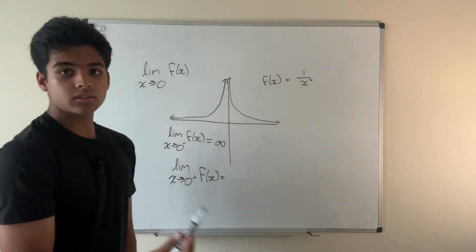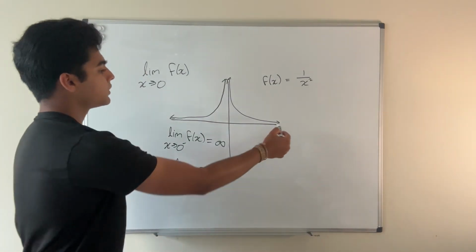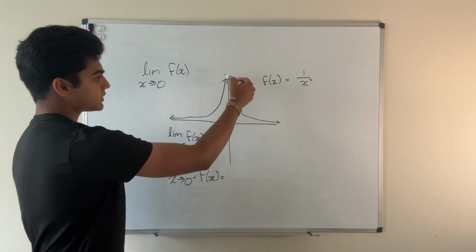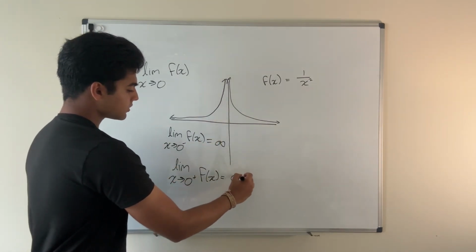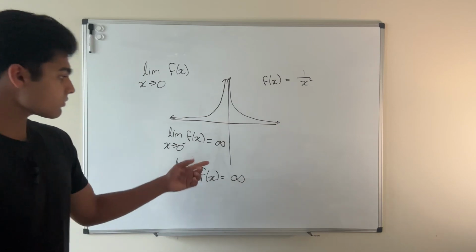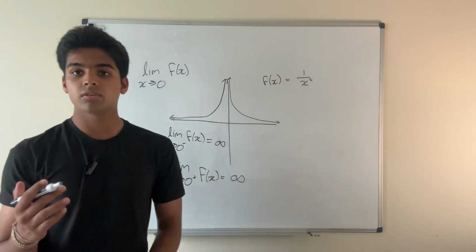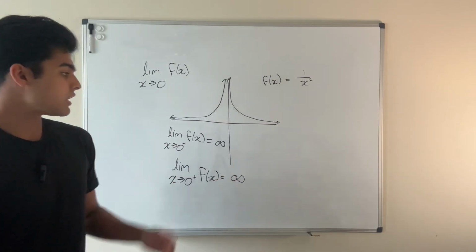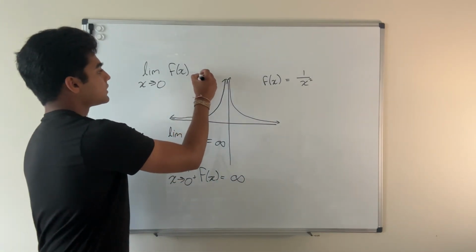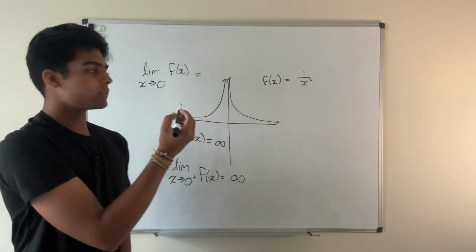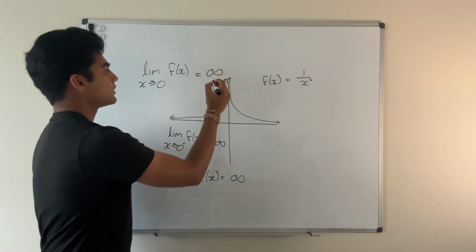Same as the previous example, we can see that as we approach 0 from the right, it's approaching infinity. So this is going to equal infinity. Now, since both the limits as x approaches 0 from the left and the right evaluate to infinity, we can say that the limit as x approaches 0 of f of x is equal to infinity.